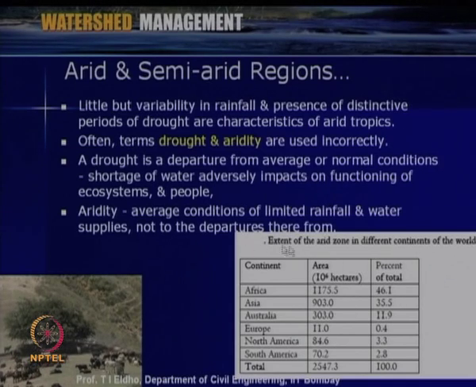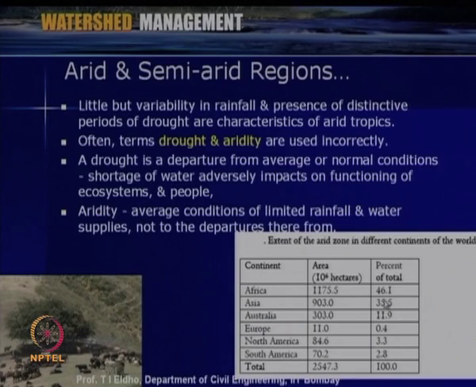Now, as far as the world is concerned, the extent of arid zones in different continents is listed here. For example, Africa, 1175 million hectares, about 46.1% of the total area we can classify as arid.